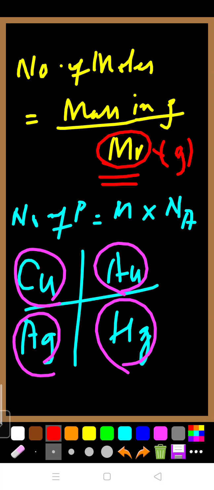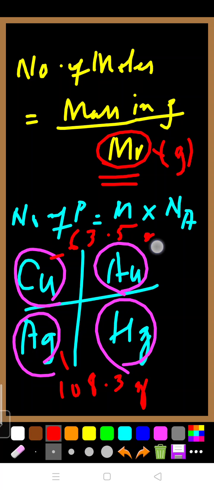For example, copper molar mass will be 63.5. Molar mass for silver will be 108 point something, शायद 108.3 grams. So if we express these quantities in terms of grams, then we will say that that is their molar mass. हालांकि ये atoms हैं, elements are composed of atoms, but still we will say their molar mass.